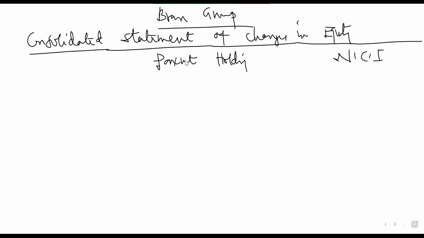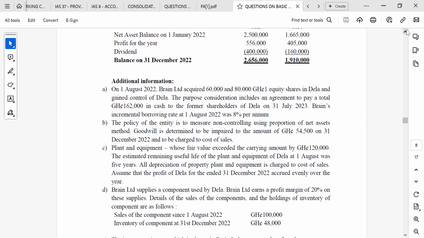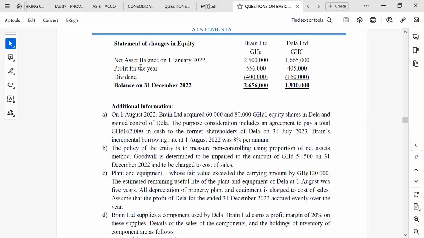So let's have our figure here to be this. Okay, let's see whether we can get the balances. What is the equity balance for the parents? The net assets.